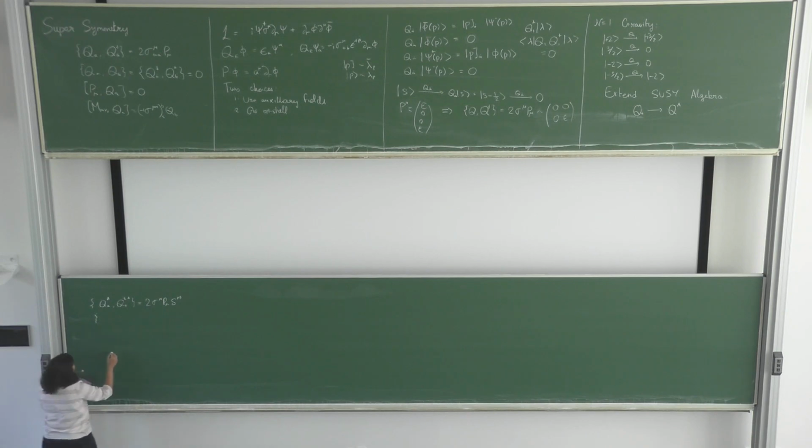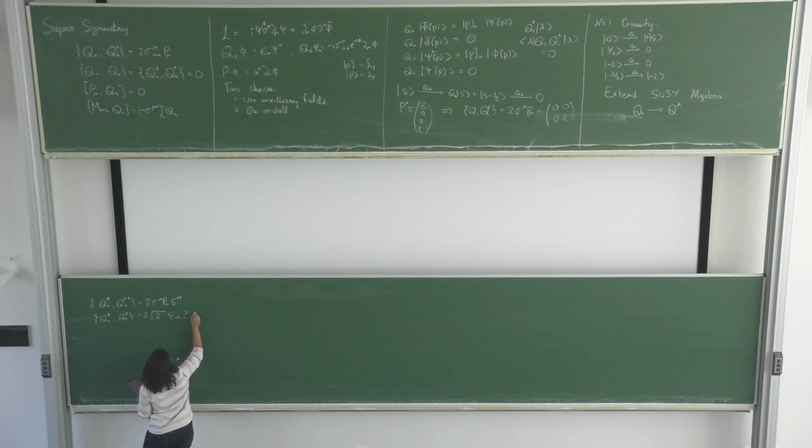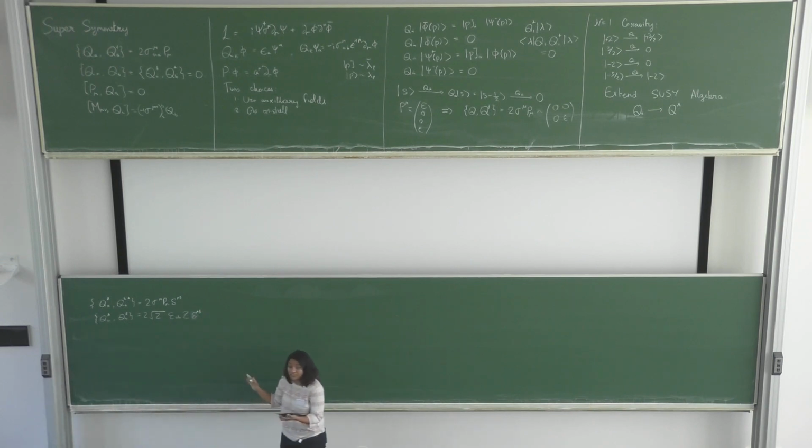What it can do, though, when you have extended supersymmetry, is you could possibly have a central extension of your algebra. So you could have something like this: Z^{AB} times epsilon. Okay. So you could have something like this, right?